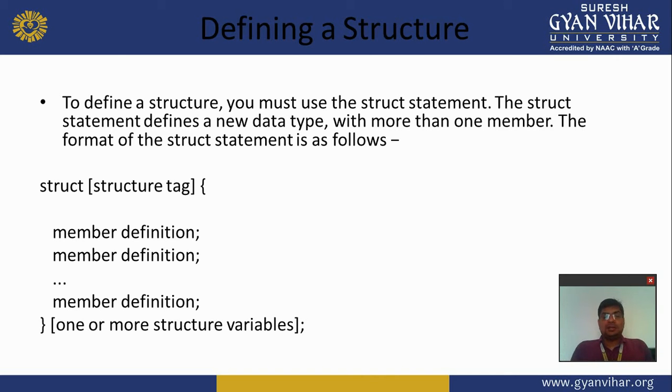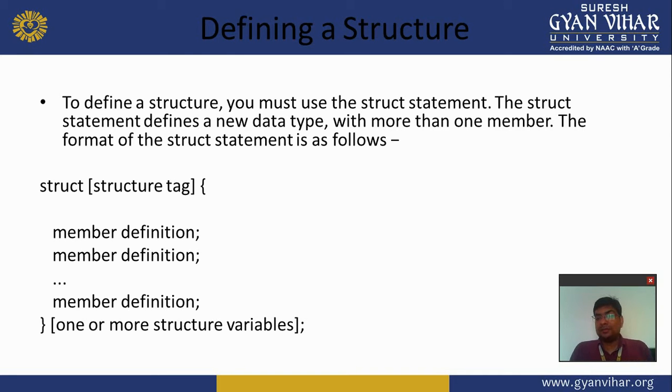After that, the member definitions are given. Then after that, we create the structure variables. If you have 10 books, then you need 10 structure variables. They create a copy of that structure. Like you have a table, in a table you have rows to store the information.